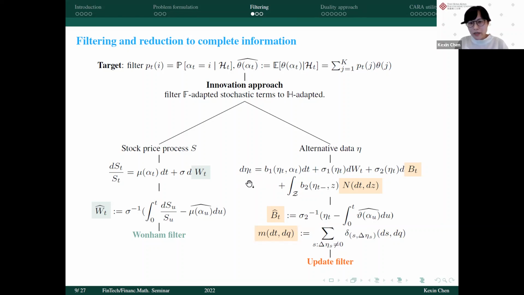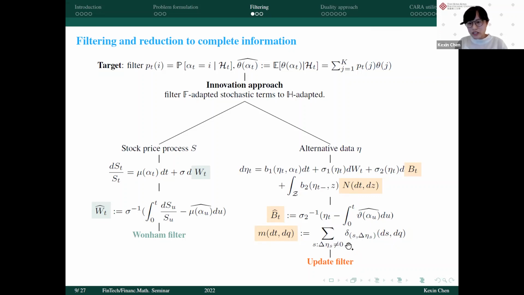In the duality approach, it does not matter so much whether eta is multidimensional or one-dimensional, because all we need is the associated innovation process defined through eta itself.